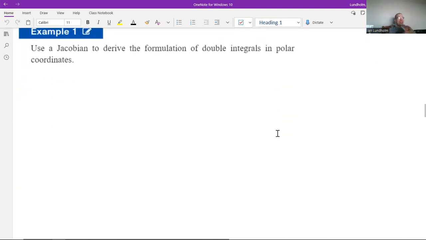Example number 1 is to use a Jacobian to derive the formulation of double integrals in polar coordinates. This is one of the instances where we have x and y already solved for us. In polar coordinates, we have x equal to r cosine theta, and y equal to r sine theta.